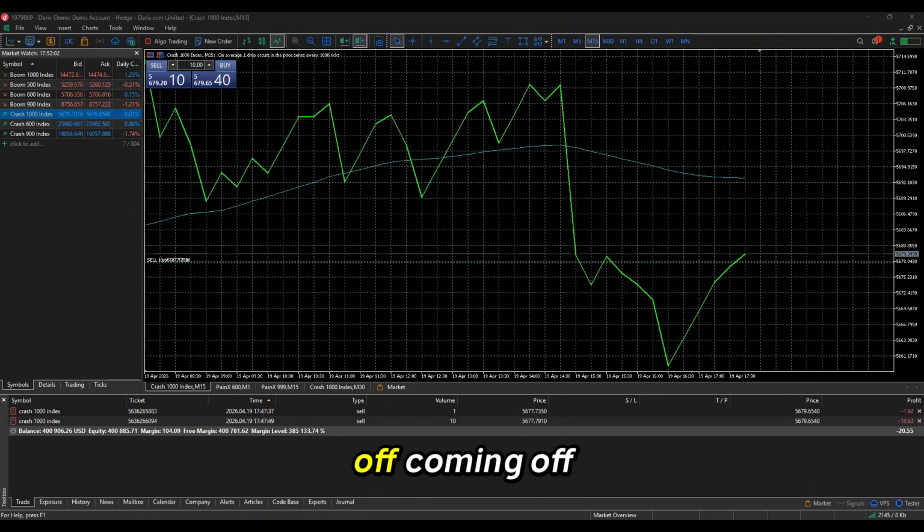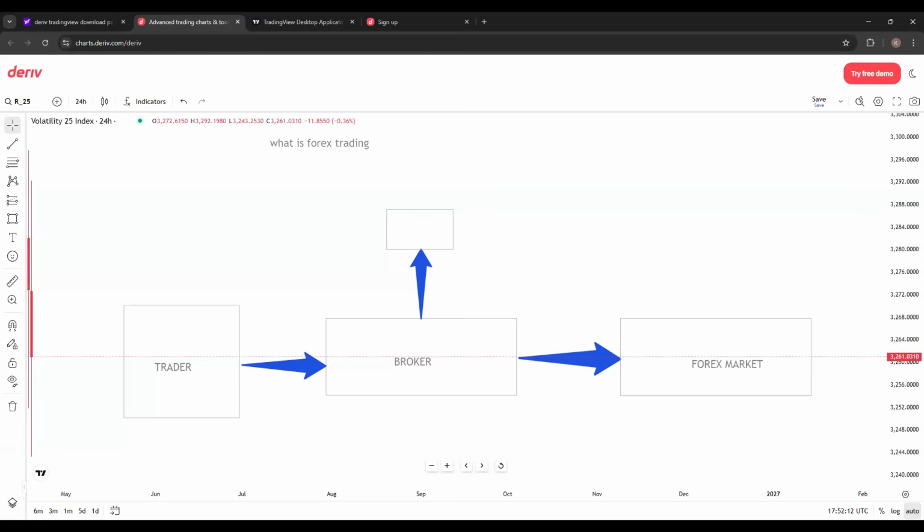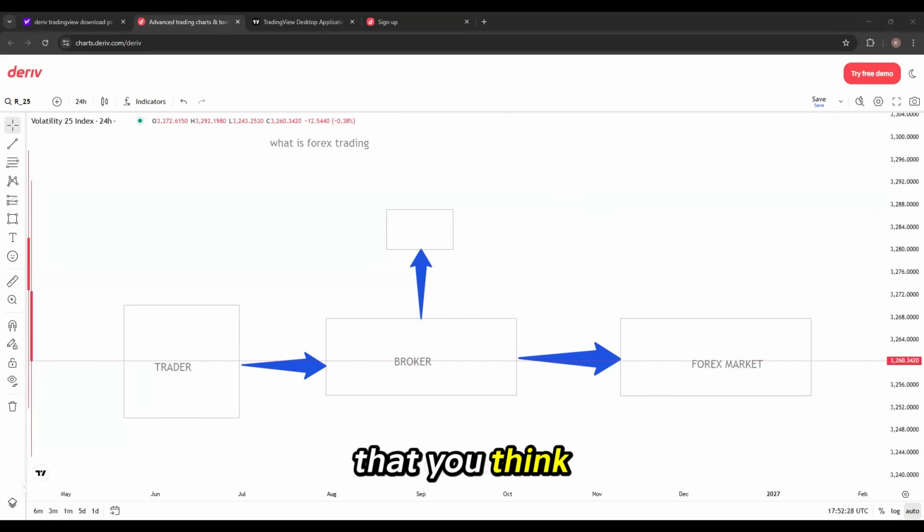Coming off from the MT5 interface, let's go back to our first interface that we had. When we are trading Forex, I need you to understand something. Forex is not traded by special people.